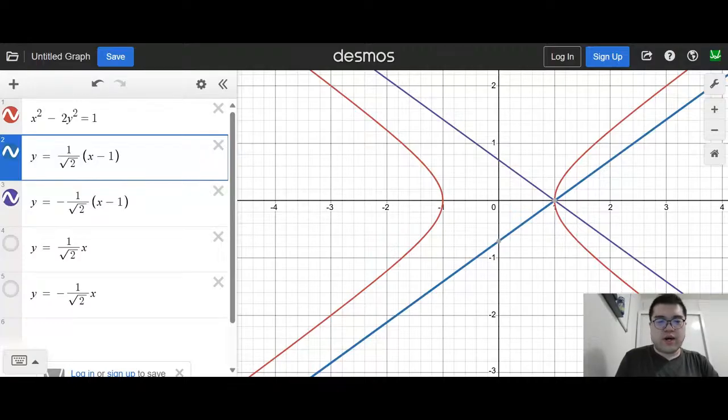Let y equals m times the quantity x minus 1 be the line through 1 comma 0, with slope m.